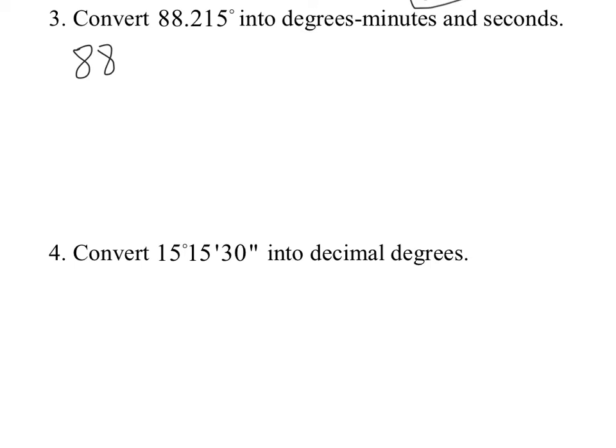All right, in the next question, we're converting a degree into degrees, minutes, and seconds. We're going to keep the 88, and then we're going to take the 0.215 and multiply that times 60. When I multiply that times 60, I get 12.9. I'm going to keep the 12; that's going to be my minutes.